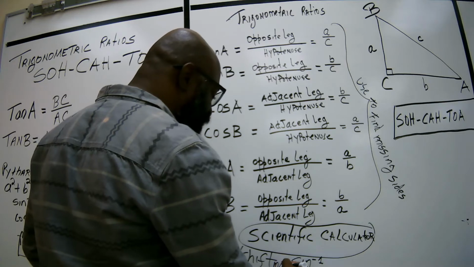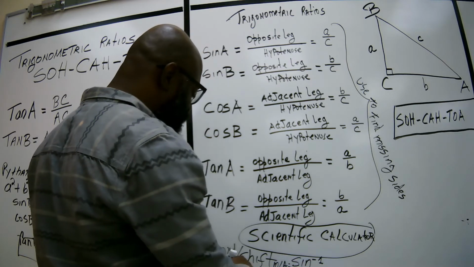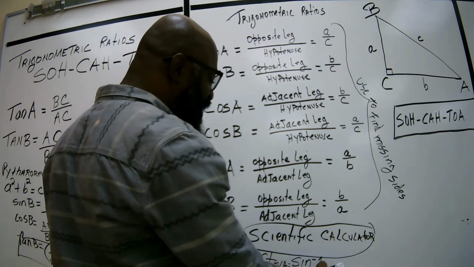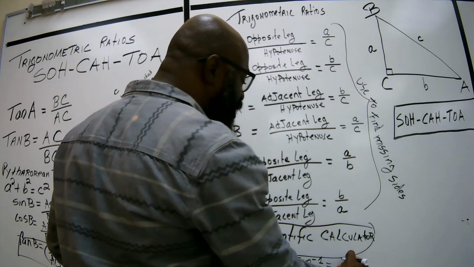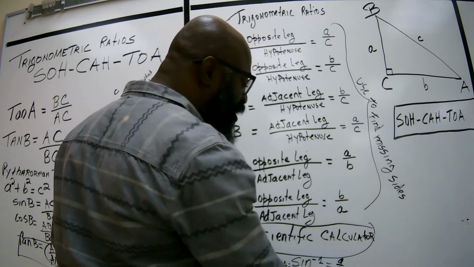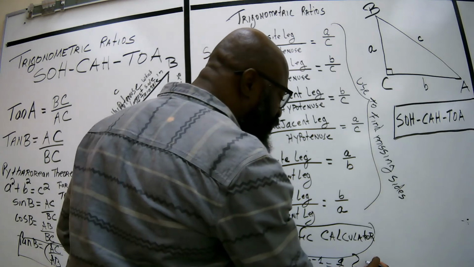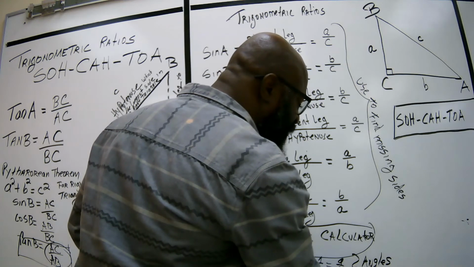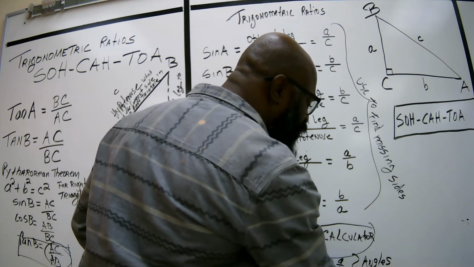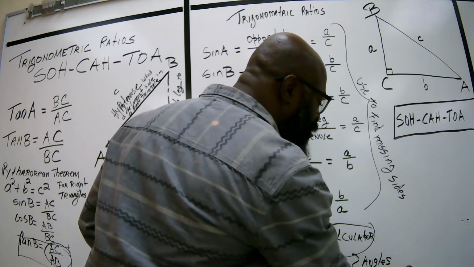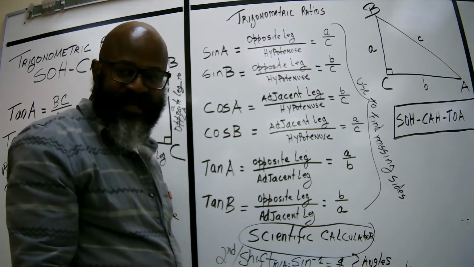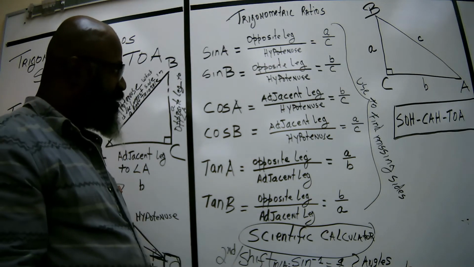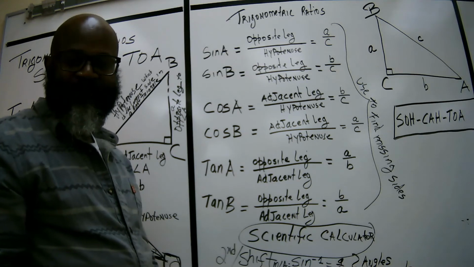If I'm looking for the measure of angle A, I have to press shift and sine on some calculators, then you do A over C. When you're looking for angle measurements, you use the inverse function to find missing angles. For any of those things, you use the inverse.